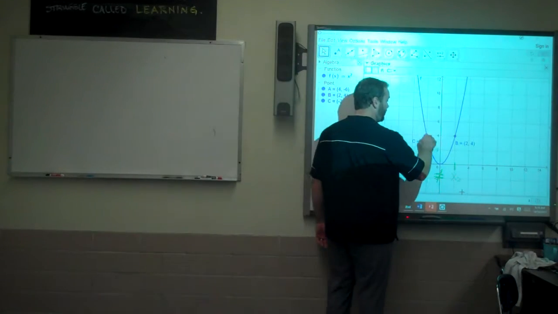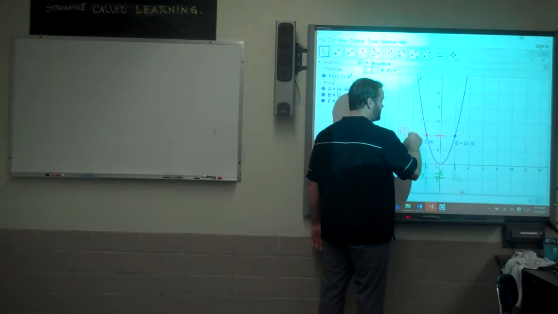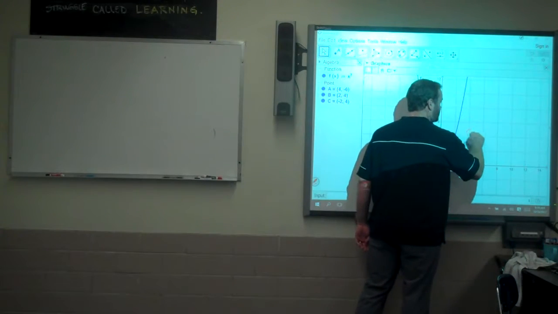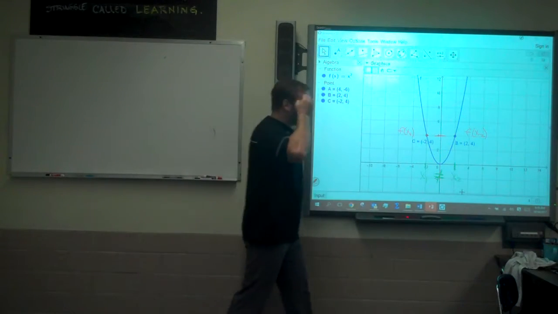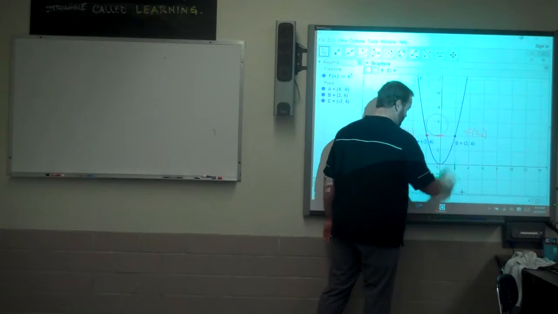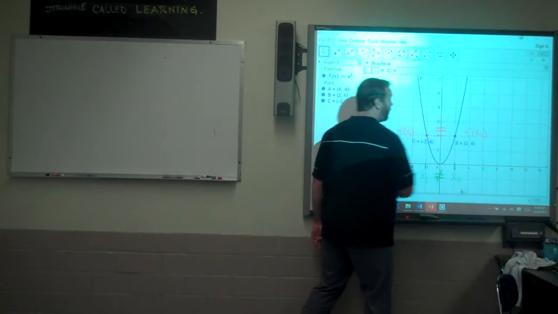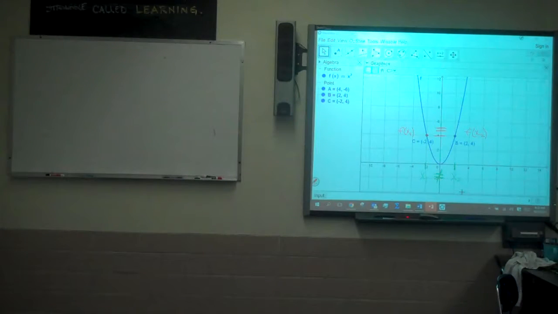If I look at this point here, the y value, that is f of x sub 1. That is f of x sub 2, right? However, they are not different. They are the same, right? They are both 4.